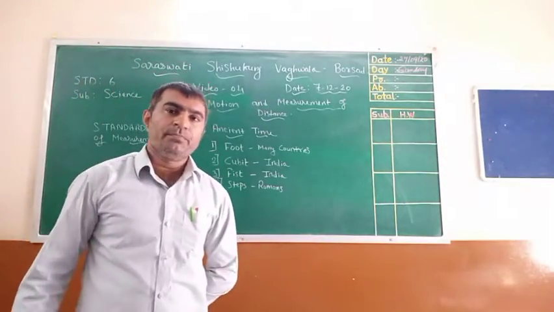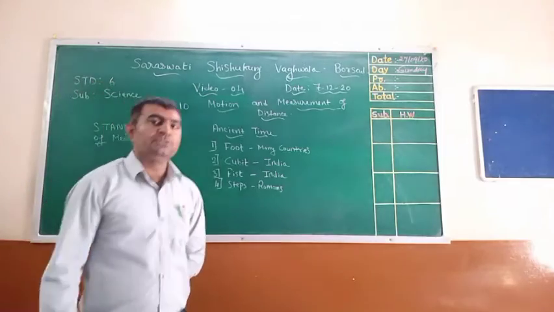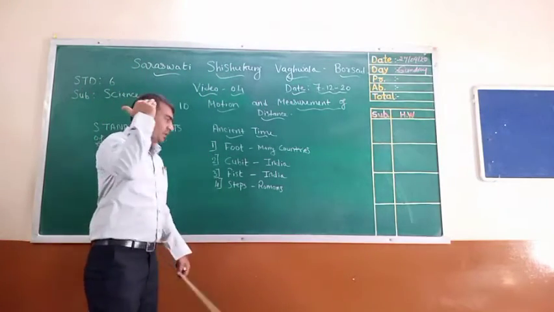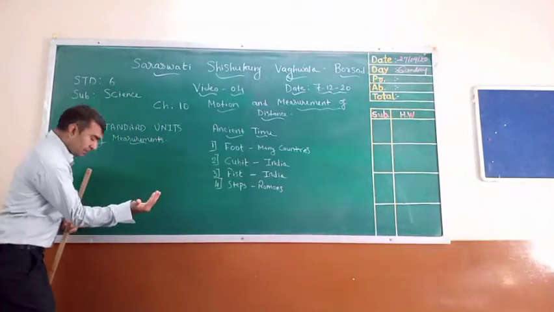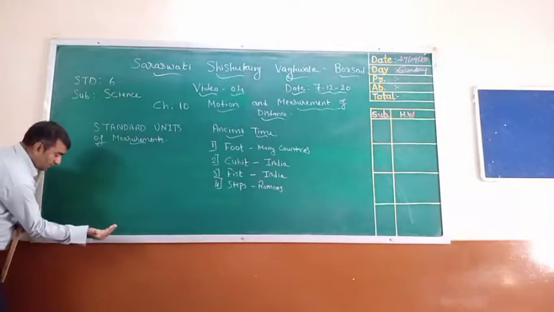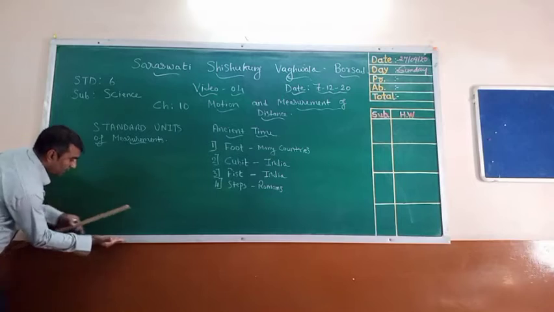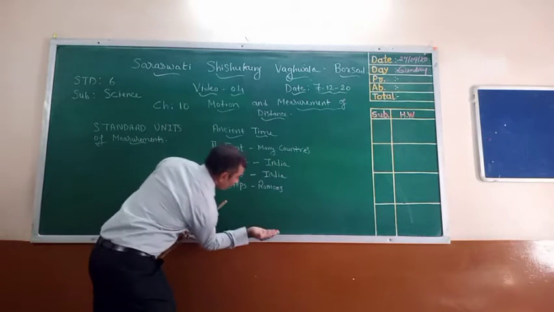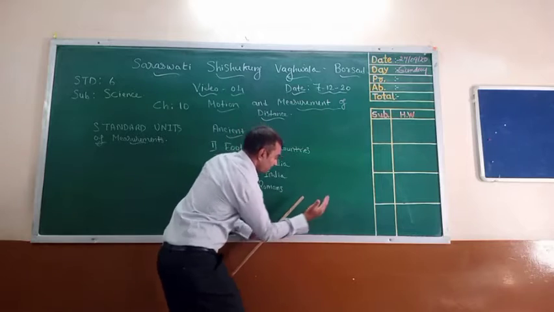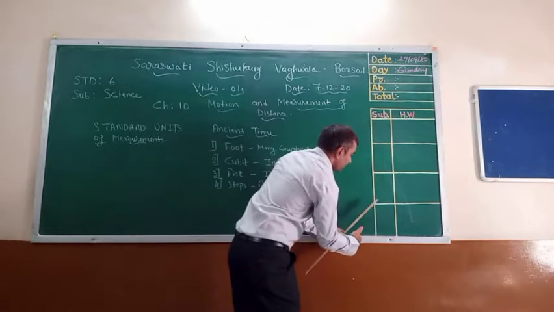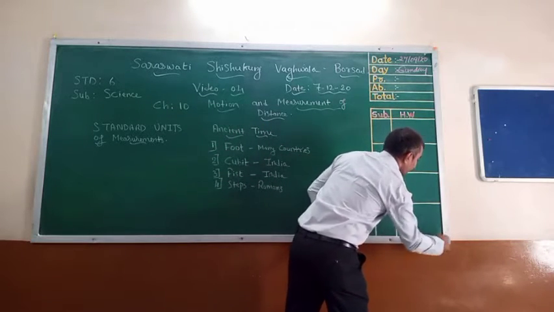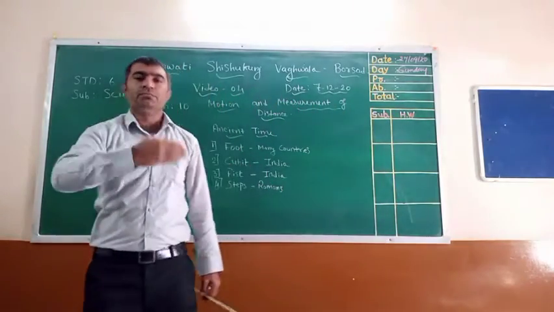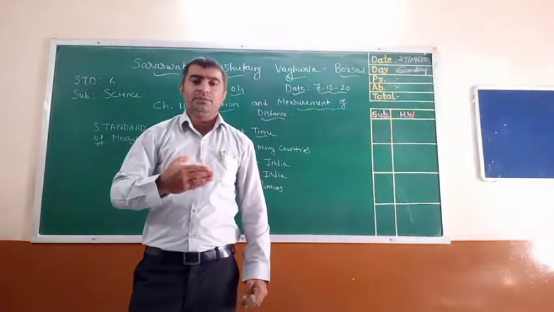So, if you want to measure any object using feet or cubit, how do they measure? So look. 1, 2, 3, 4, 5 and a little bit, right? So in this way people used to measure any object.